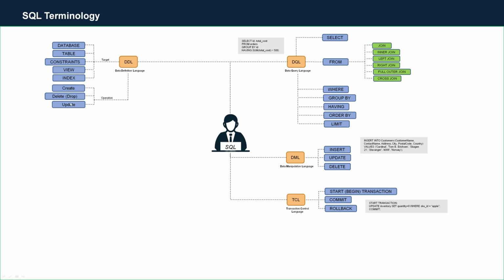You then have update, so you can update a table, which you might want to add a new column to a table, so that you can do that in an update. Again, a different kind of update to a data manipulation update, but it's an update. And then you can do a rename. So if you wanted to change a field name or something to that extent as well. So that's the data definition language.